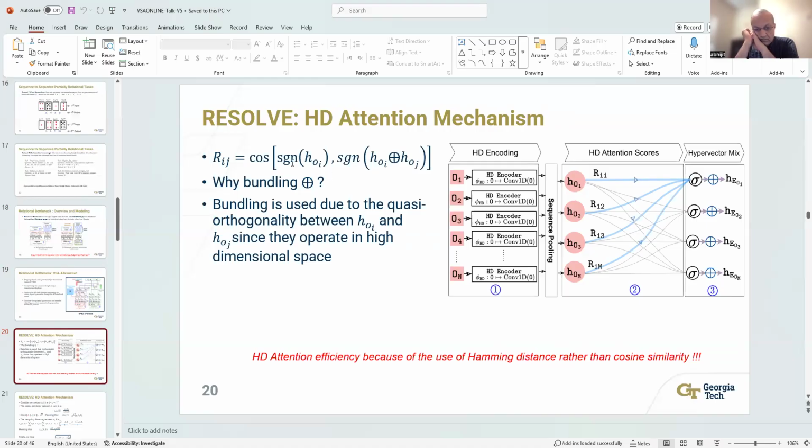So that's why we use this bundling operation. The idea is to compute the cosine similarity between the bipolar version of HOI and the bipolar version of HOI bundled with HOJ.